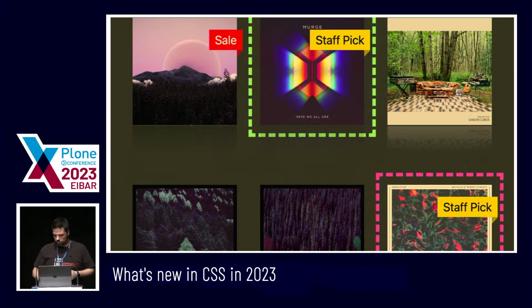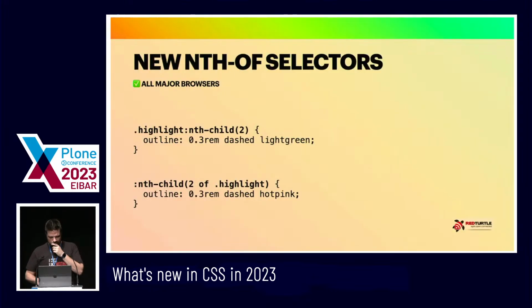And this one is also quite powerful, and with the nth last child, you can go from the bottom up. Okay, and this is also already implemented in the newest versions of all major browsers. So this is quite neat, in my opinion.